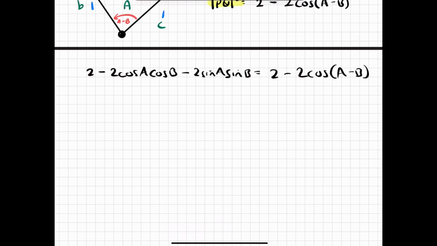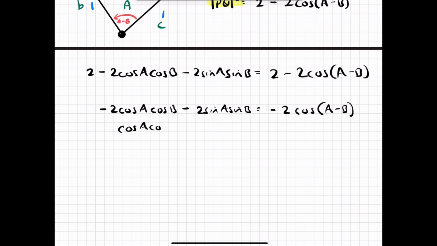So we're left with minus 2 cos A cos B minus 2 sine A sine B equals minus 2 cos A minus B. Then divide everything by negative 2 and you get cosine A cosine B plus, because I'm dividing everything by negative 2, sine A sine B equals cos of A minus B.